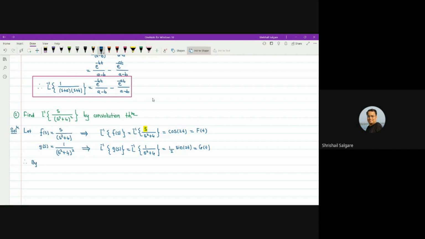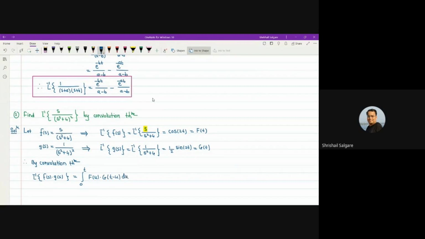Therefore, by convolution theorem, L inverse of their product, L inverse of f of s into g of s, is given as integral 0 to t, f of u into g of t minus u du.